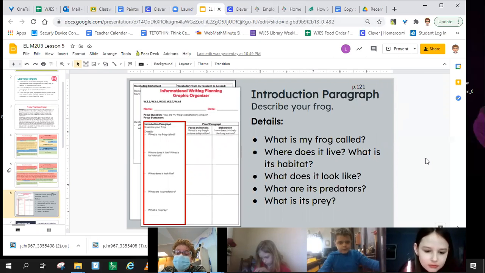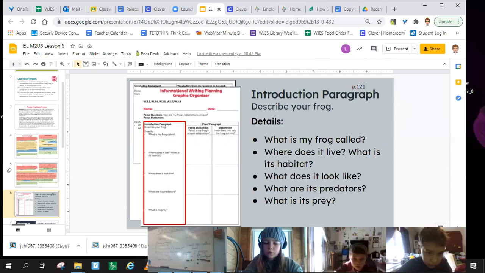Hold on, because in just a couple of minutes we're going to go on to the next part of our notes and start our next paragraph. So just hold that thought, my friend. We're letting a couple other people catch up. So you know what you could do? You could start looking at this part of page 121 and start filling in some of those.